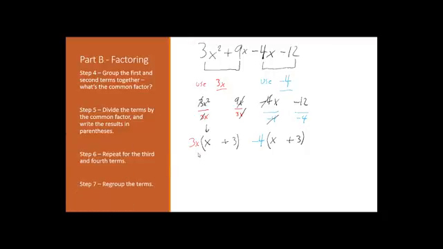All we need to do now is to regroup the terms into only 2 parentheses. And here's how we do that. We bring the 3x on the outside and the negative 4 on the other outside and move them down into their own parentheses, giving us 3x minus 4.